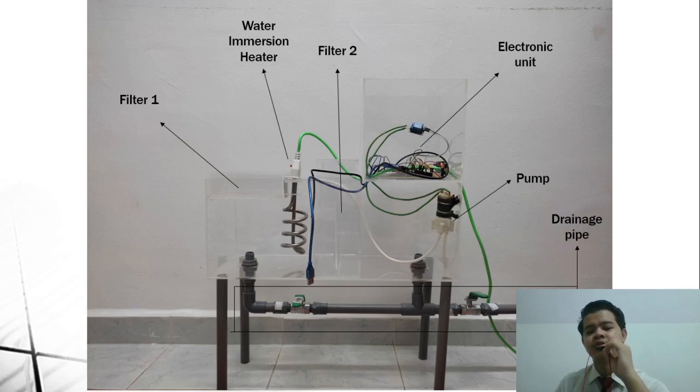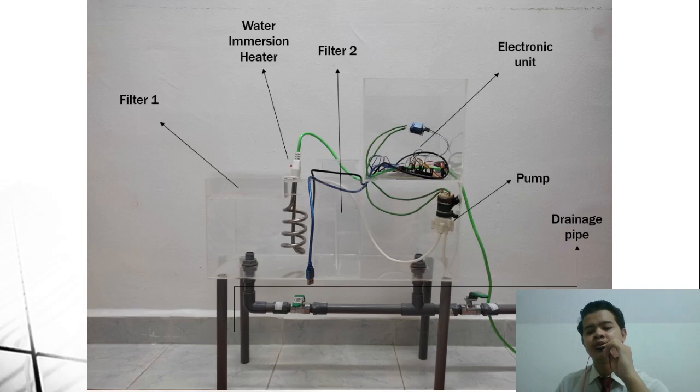So when the water arrives at filter 1 and drops, it will be heated by the water immersion heater. From the flow of the water immersion, it will go to filter 2 and lastly go to the last department below the electronic unit.